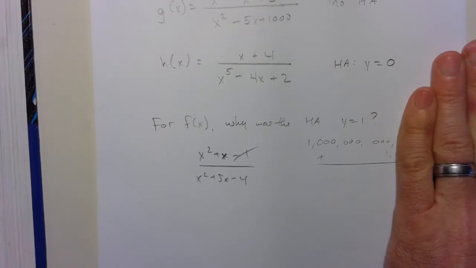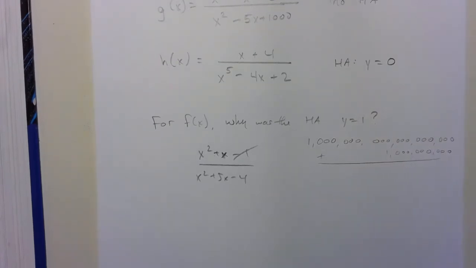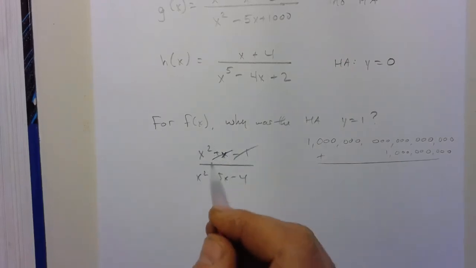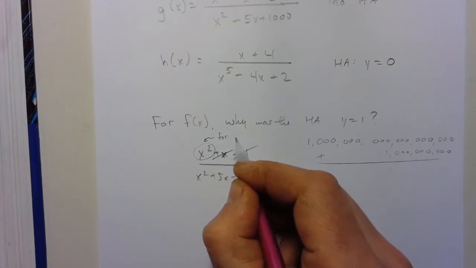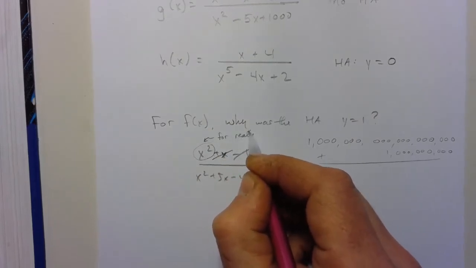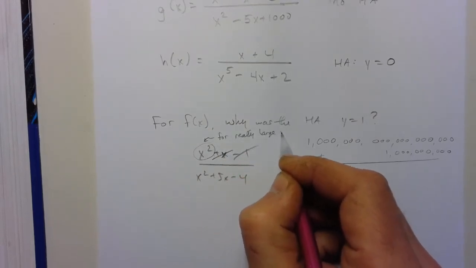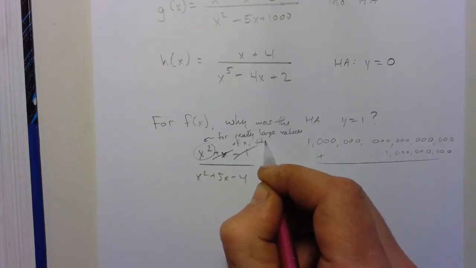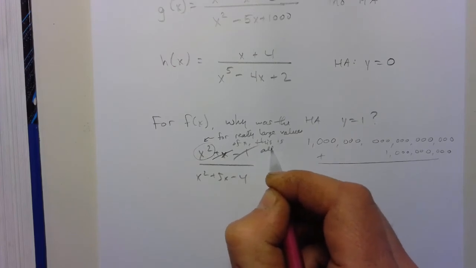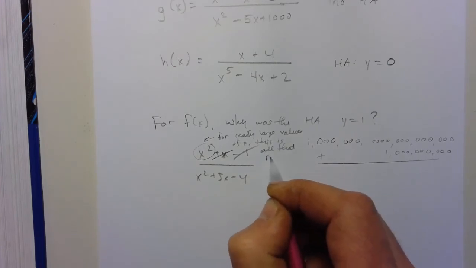It doesn't really affect your overall bank account very much. The percent that it affects is so little. So for the numerator, all that really mattered was this. For really large values of x, this is all that really matters.